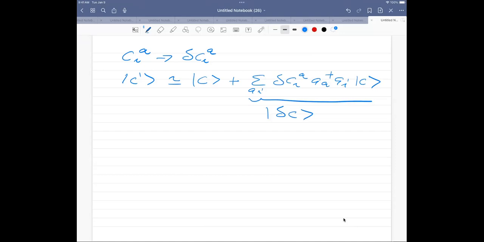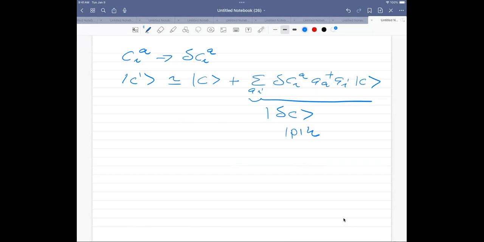So we have the original state plus some change. And that change, which you see here, is a particle-hole state, and that is obviously orthogonal to the state which we started with. So this represents a one-particle, one-hole state, where we make a simple small variation in this coefficient. And we are assuming now that these coefficients are small.